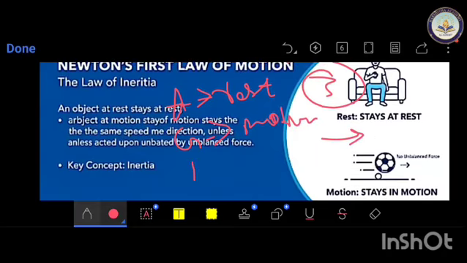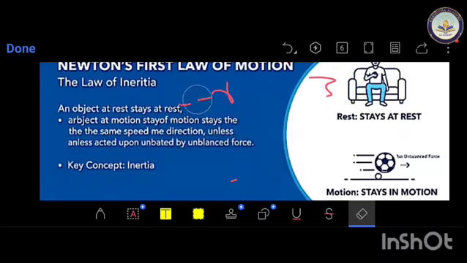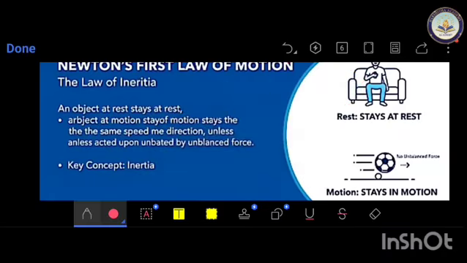Next, Newton concluded that the natural state of motion is a circular path. From these experiments, he concluded 3 laws.